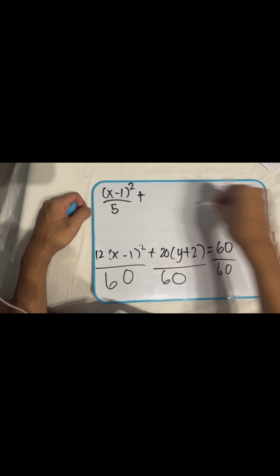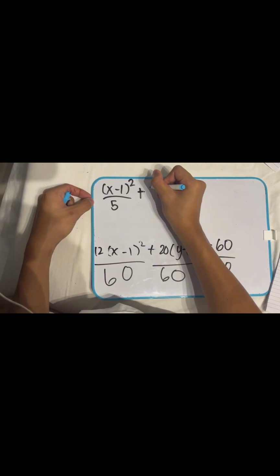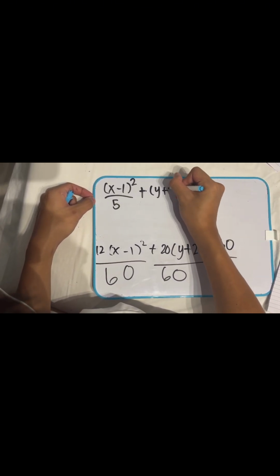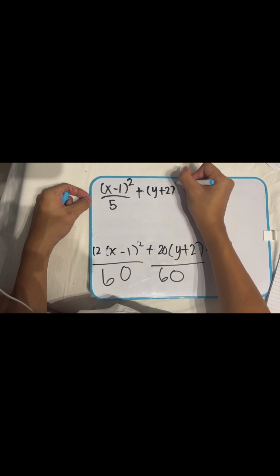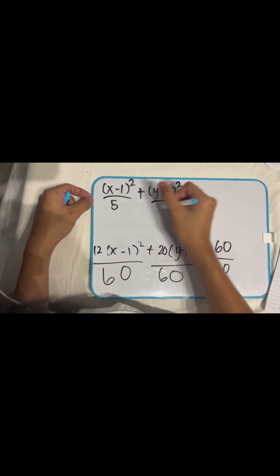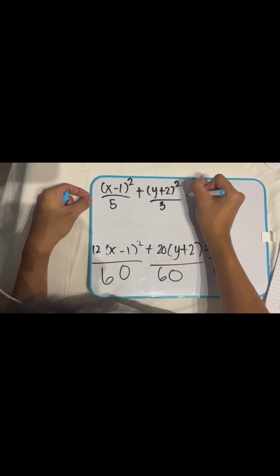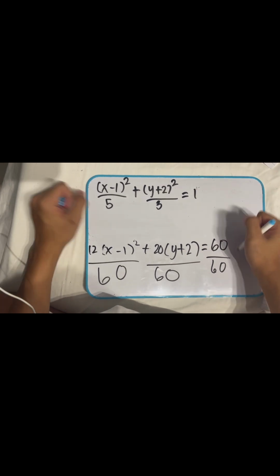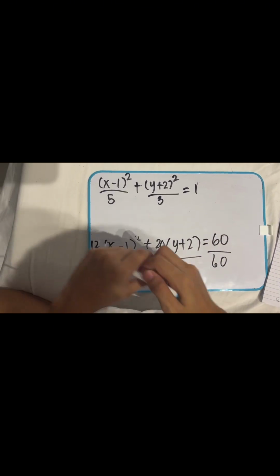Don't need 20 since it's already been divided. So (y plus 2) squared over 3 equals 1, since 60 divided by 60 is 1.